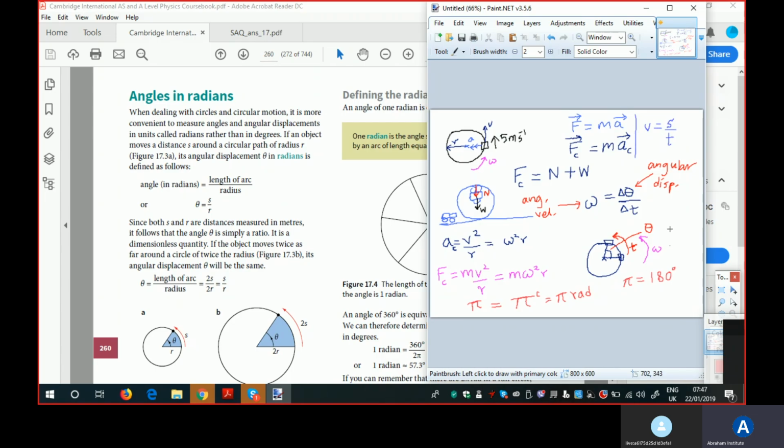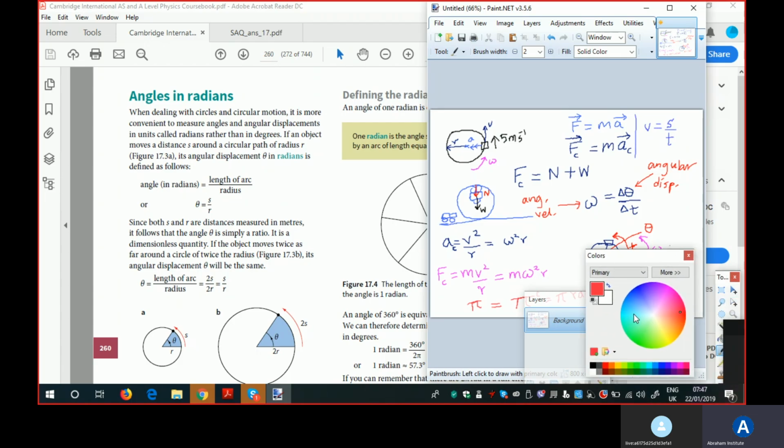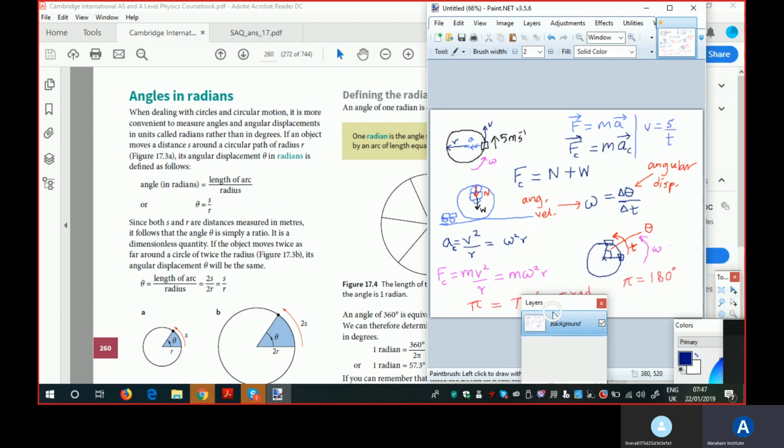Okay, let's consider the quadrants. You have the first, second, third, and fourth quadrants. I will draw that. Let's say we have the quadrants here. This is the y-axis, here we have the x-axis.